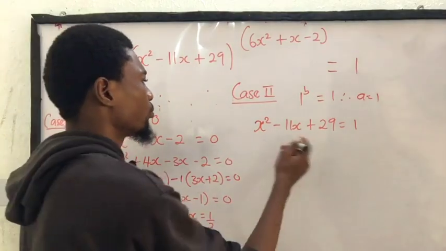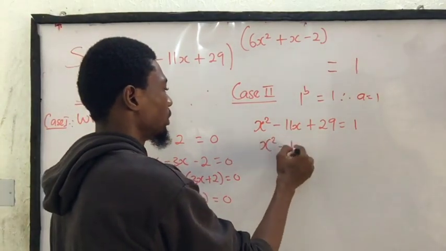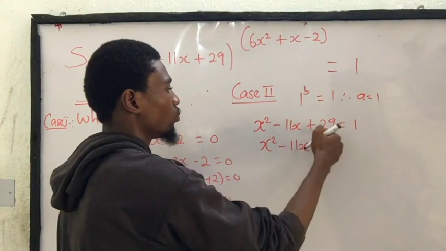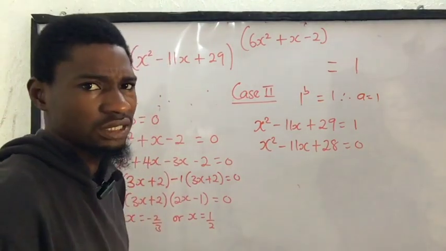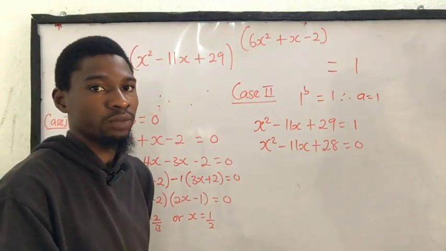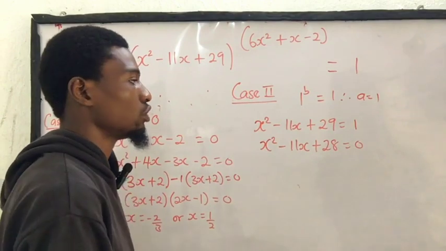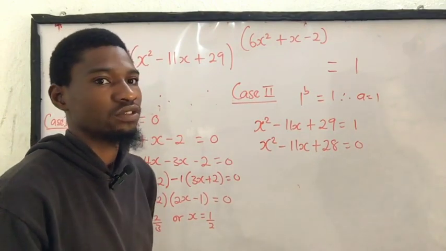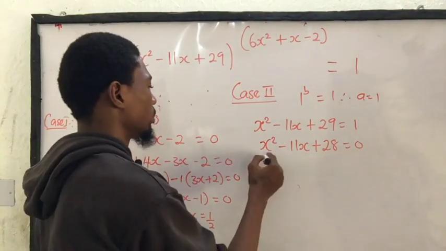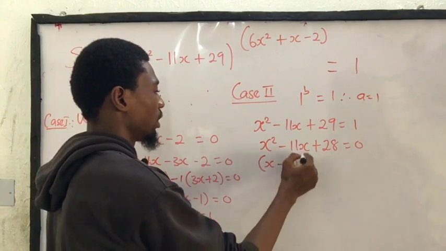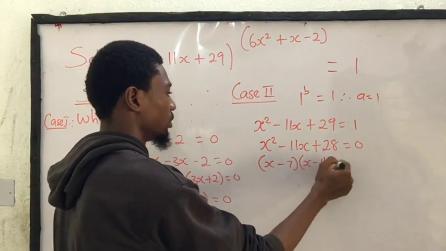Alright, so we have x squared minus 11x. So you bring 1 to this side, you have 28 equals 0. Now to factorize this, product of 28 and sum of minus 11, we can make use of minus 7 minus 4. Alright, so which is x minus 7 and x minus 4 is equals to 0.